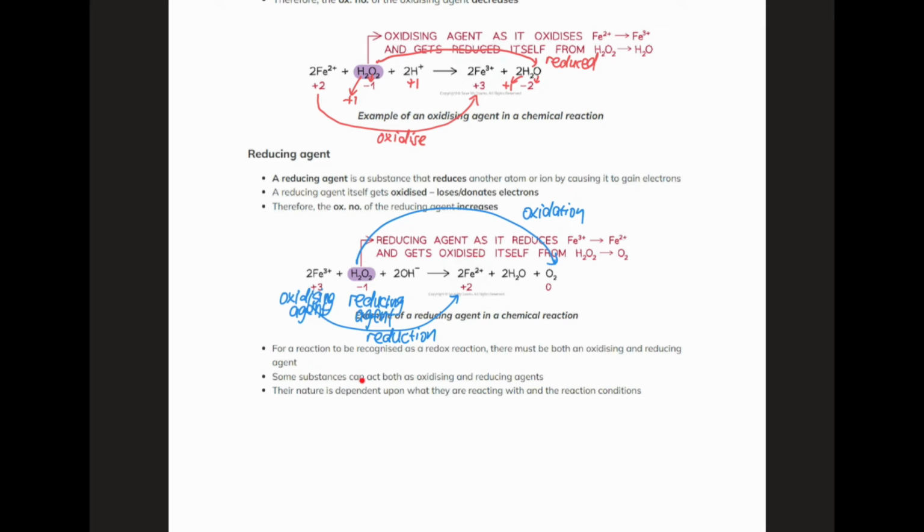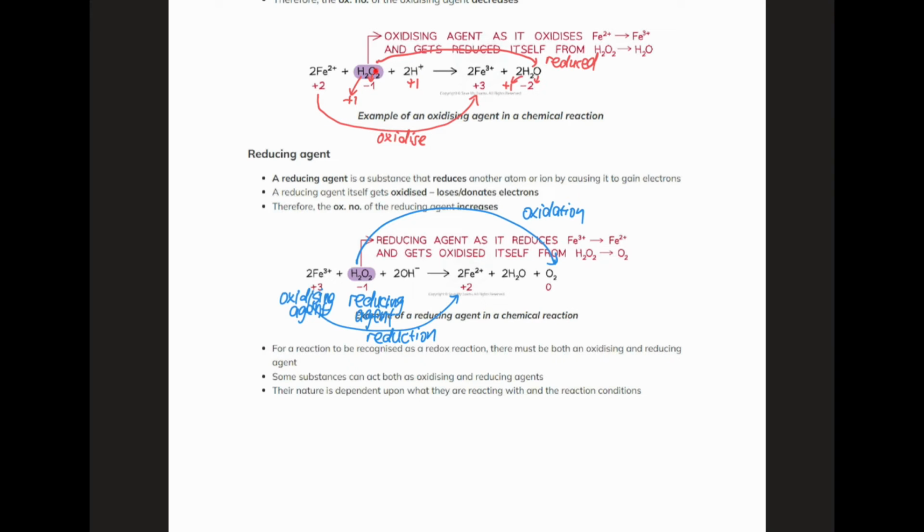Some substances can act both as oxidizing and reducing agent. So the example is hydrogen peroxide. In this reaction, it is an oxidizing agent. In another reaction, it is a reducing agent. And their nature is dependent upon what they are reacting with and the reaction's conditions.